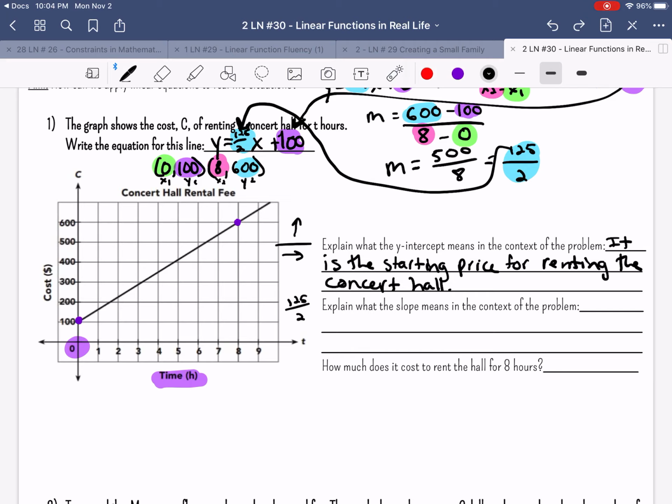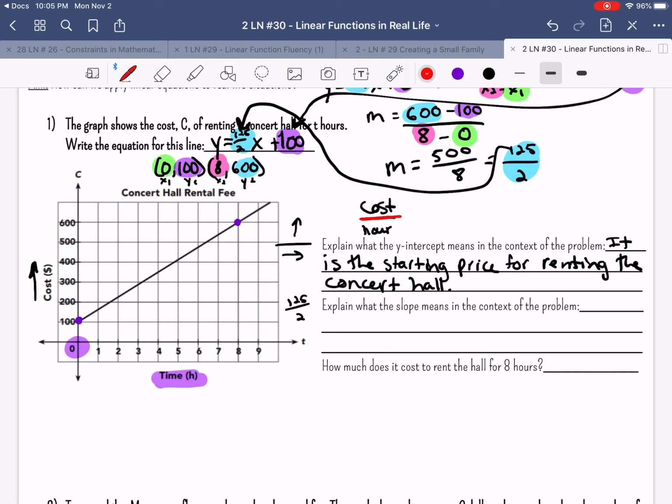So whenever we have this sign, let's say, okay, what does the y equal? Cost. What does the x equal? Hours. And whenever we have this sign here, we can, in words, say per. So it's also like a ratio, right? Because it's a fraction.